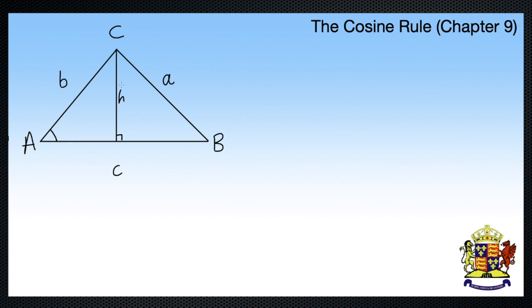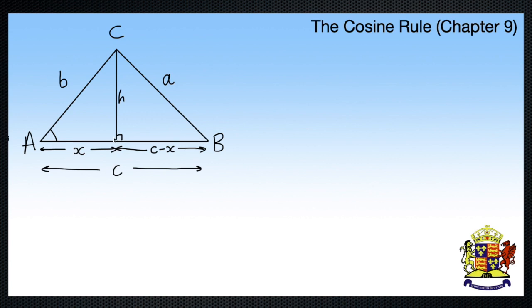Now I'm going to split up this bottom length, and I'm going to call this bit here x, which is going to therefore make this side c minus x. Hopefully that makes sense. This whole length is c, so between here and b is c minus x.